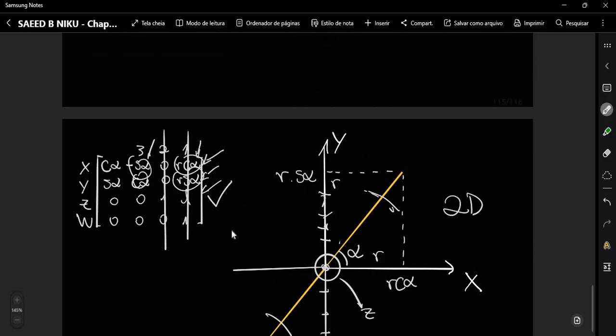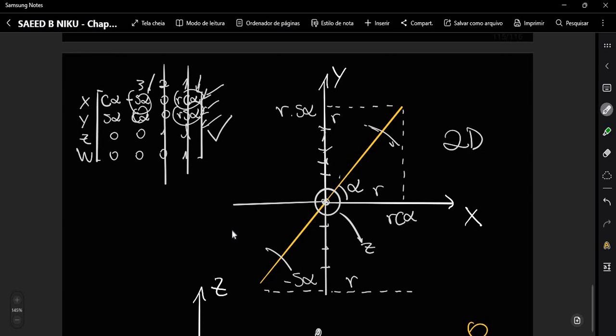As we are working with the z dimension right now, I don't know if it makes sense for you. That's x, y, and z.